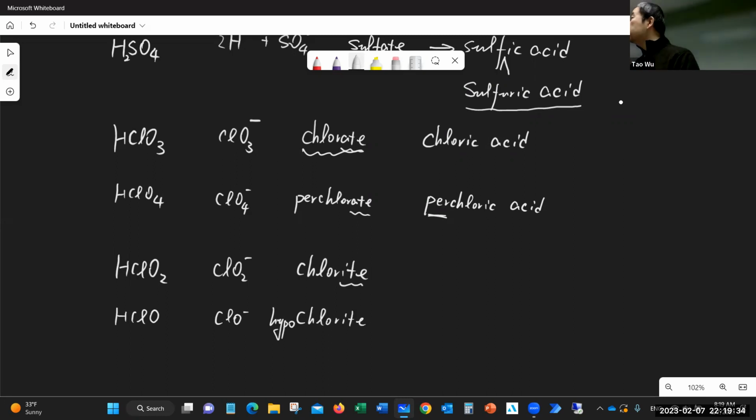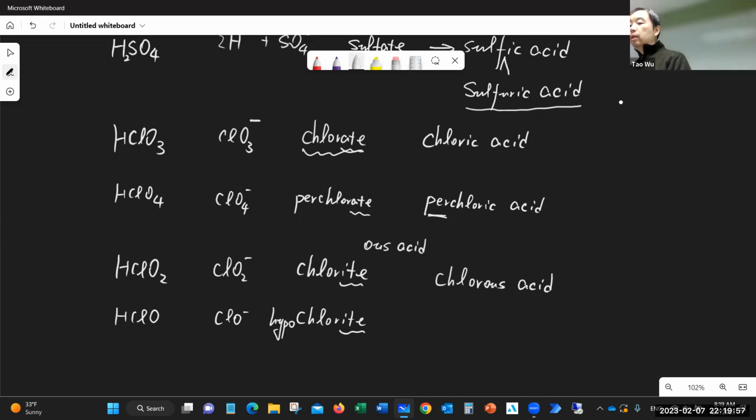Different from ATE, if the ending is ITE, you change the ITE to OUS and add acid. So this one is called chlorous acid, and this one is called hypochlorous acid.